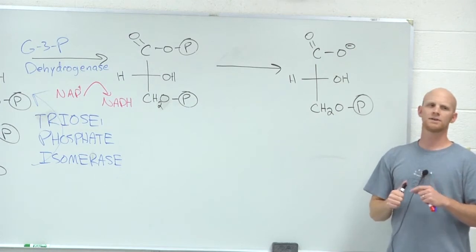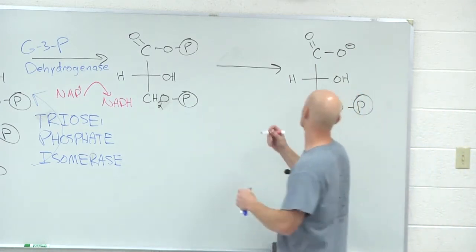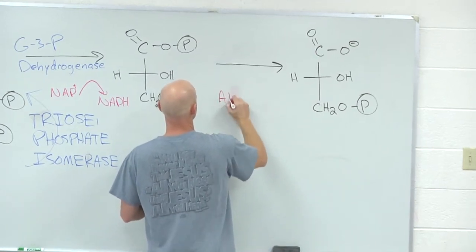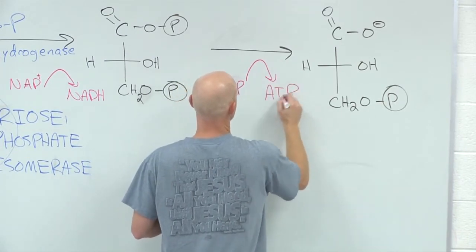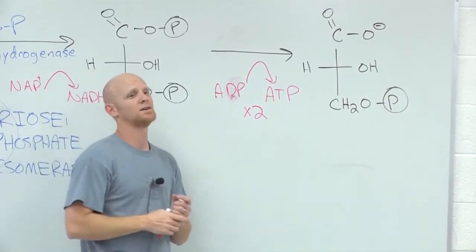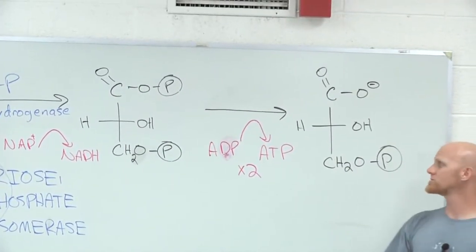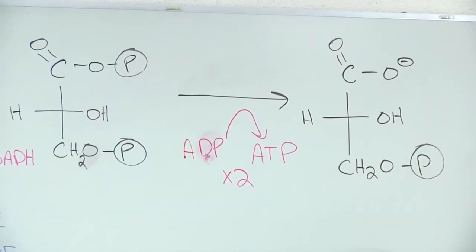Where'd the other one go? ATP. Again, don't forget we're doing this twice. We have two 3-carbon sugars coming from glucose doing this, so we're actually getting 2 ATPs, essentially, per glucose molecule at this step.